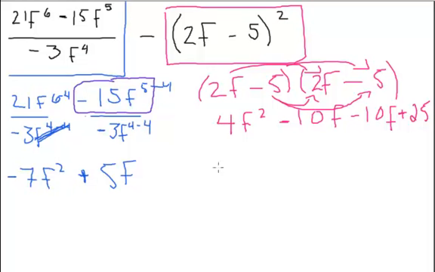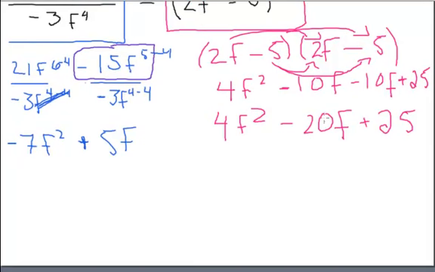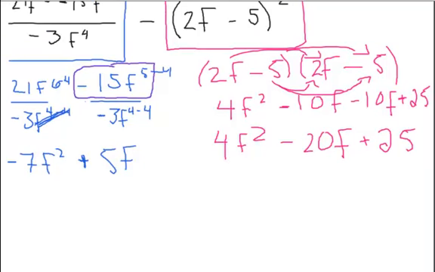Now clean this up by collecting your like terms. So I have 4f^2, negative 10f and negative 10f is negative 20f, plus 25. Now I have this answer that I derived from the part up here. So I'm going to write these side by side. I'm going to open brackets and write negative 7f^2 plus 5f.